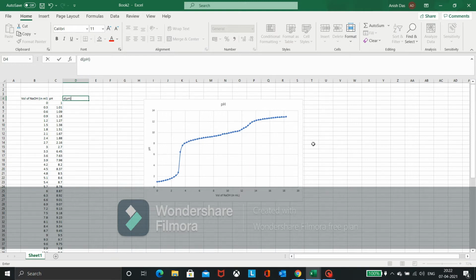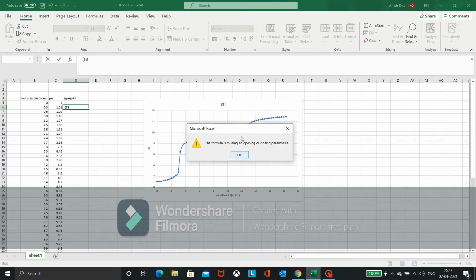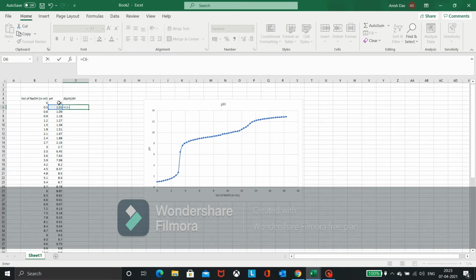For this we need to take the difference of the pH, that is 1.01 minus 1, in brackets, divided by the difference in volume of NaOH in ml.